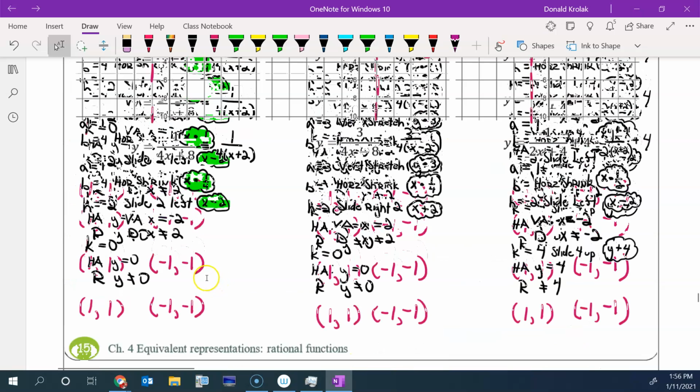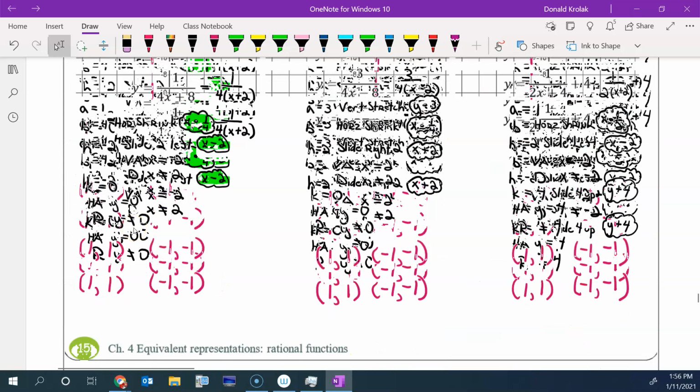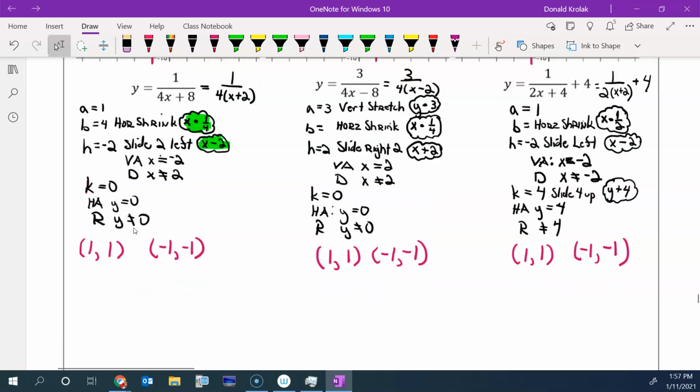So the first thing I'm going to do to this X is multiply it by a fourth and then take away 2.